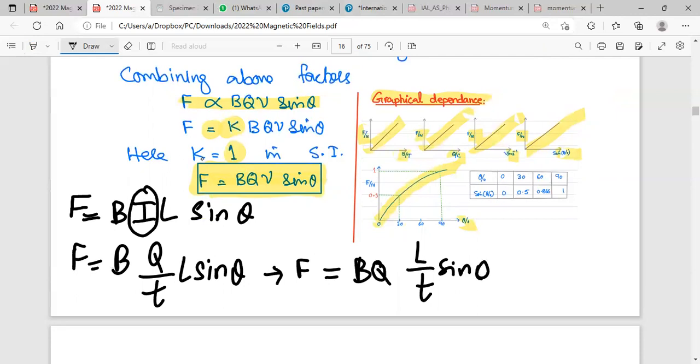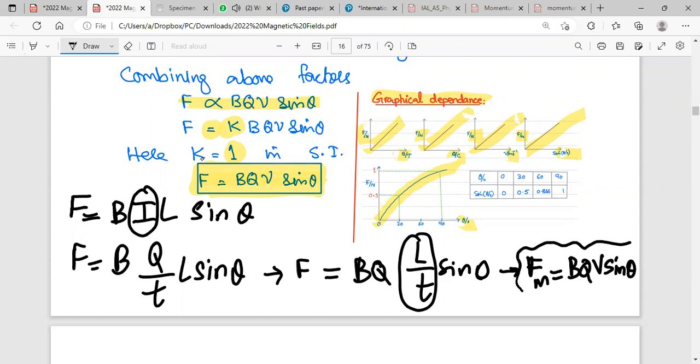You can just pair L and T. And you know L over T, L is the length and T is the time. So it means that we can say that this magnetic force is equal to BQV, because L over T is speed. So BQV sine theta. So that's how you can derive this expression as well. This is a second way to get this expression. The first is the simple factor way to make the formula, and the second is this way.